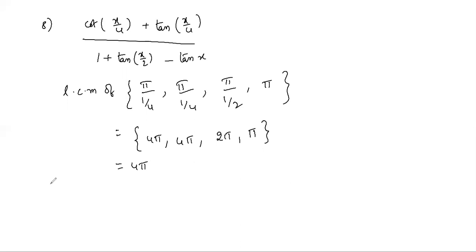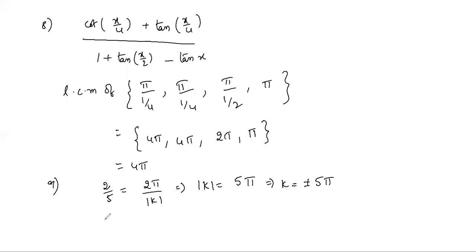Next, 9-1. Write the cosine function having period 2 by 5. So 2 pi by mod k equals 2 by 5, which implies mod k equals 5 pi, so k equals plus or minus 5 pi.